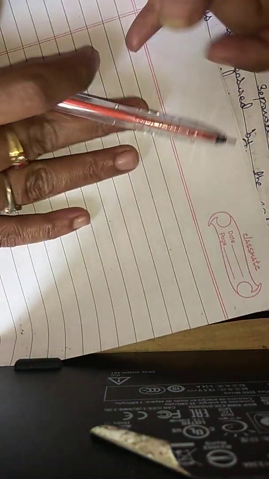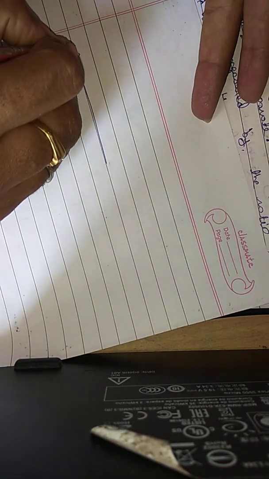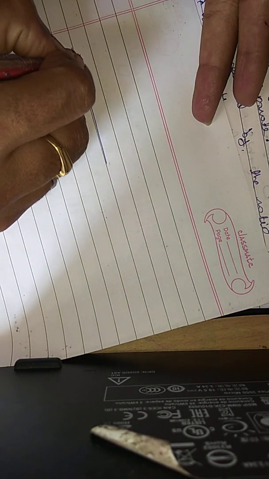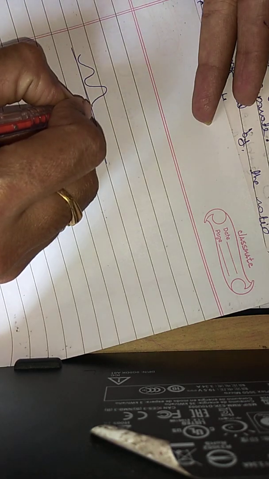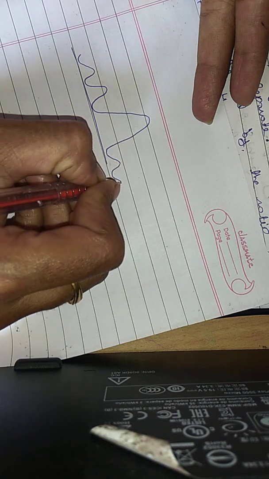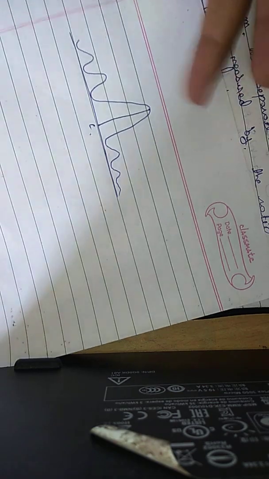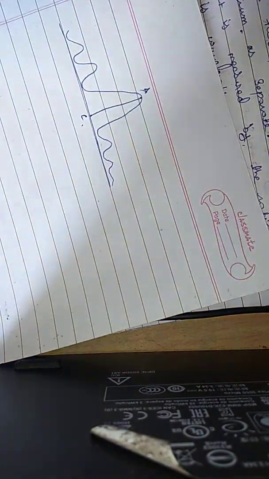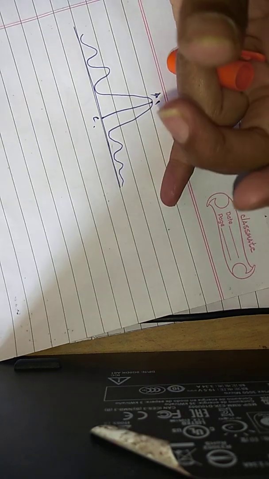Suppose we consider two diffraction patterns observed by the grating. This is the central maxima for the first wavelength, lambda 1.